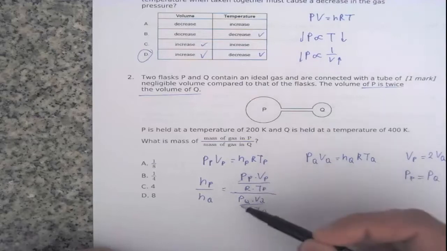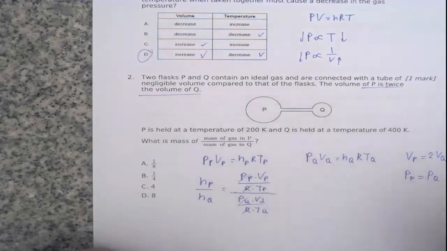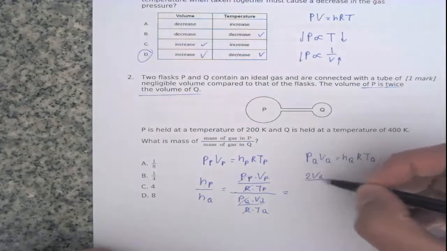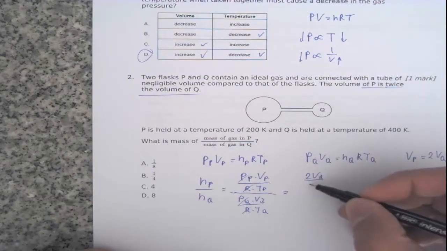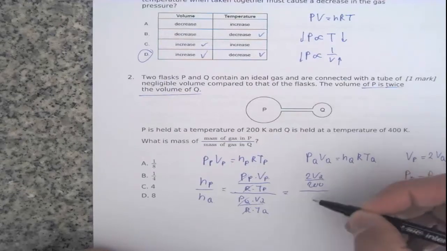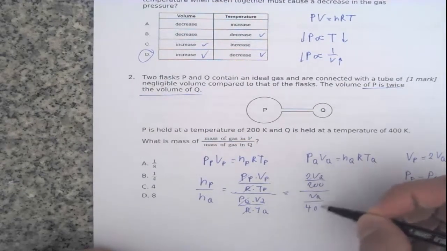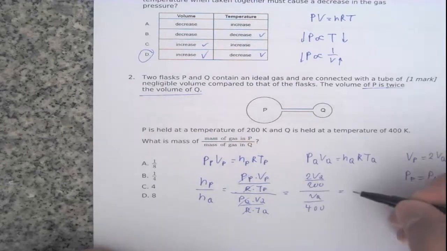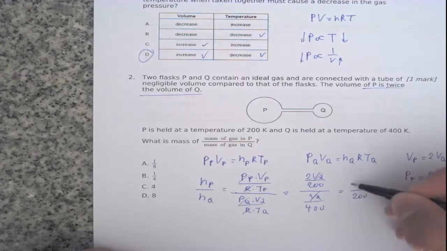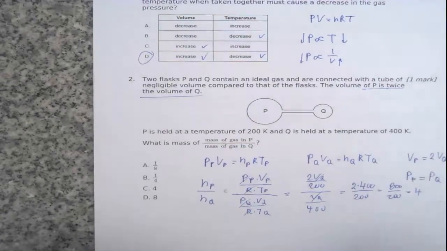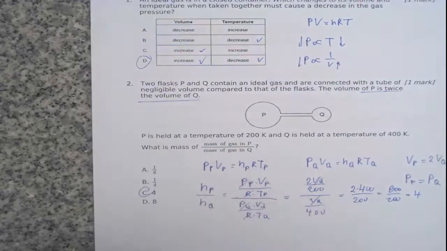So from here, these cancel out, the R's of course cancel out, and I have the volume of P is 2 volume of Q, divided by the temperature of P, 200 Kelvin, over the volume of Q, divided by the temperature of Q, 400 Kelvin. Simplifying the fraction, I have 200, and above I have 2 times 400, so it's 800 over 200, so it's 4. So your answer here is C.